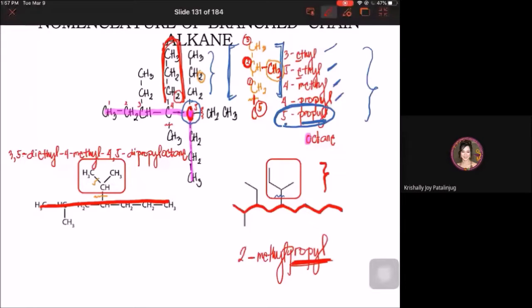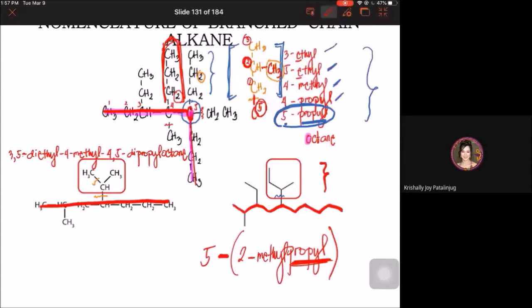So, enclose the whole complex substituent in a parenthesis, found on carbon 5 of this parent chain. So this is 5-(2-methylpropyl). That is the name of the complex substituent.